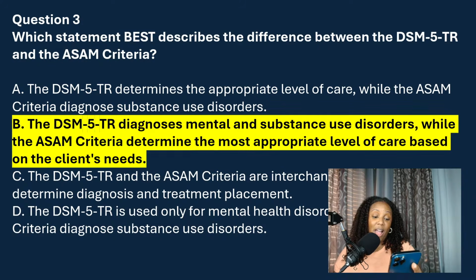The DSM-5 provides diagnosis, while the ASAM criteria evaluates via 6 dimensions to recommend the client's treatment setting or level of care. And D is incorrect because the DSM-5 includes diagnostic criteria for both mental health disorders and substance use disorders. The ASAM criteria does not diagnose disorders. They determine the most appropriate level of care.